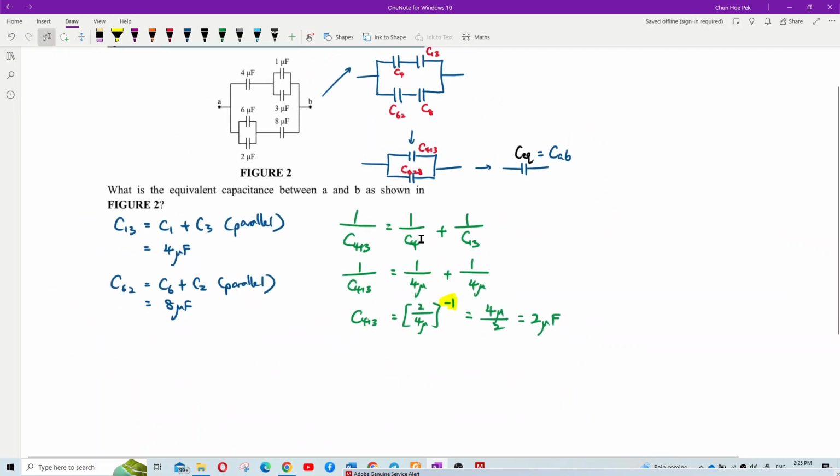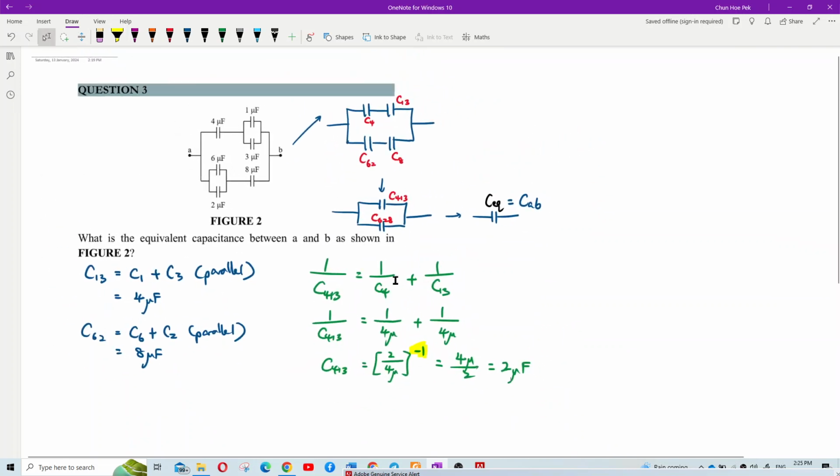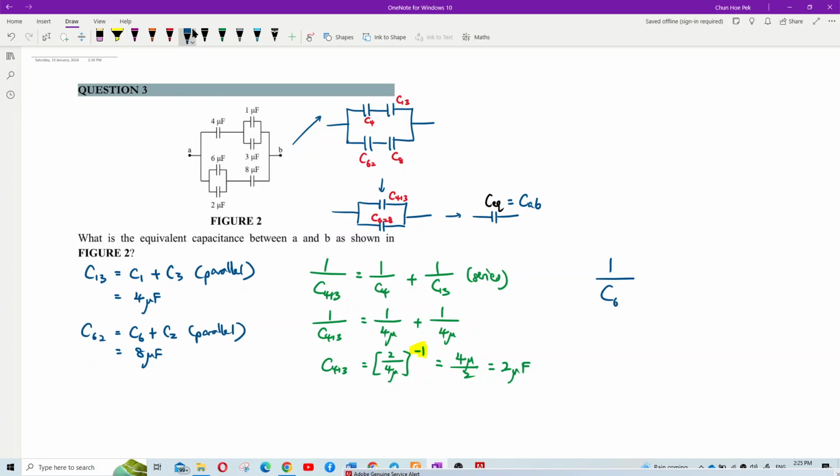Okay, we got C413. Now do the same for C628. Also in series: 1 over C62 plus 1 over C8.